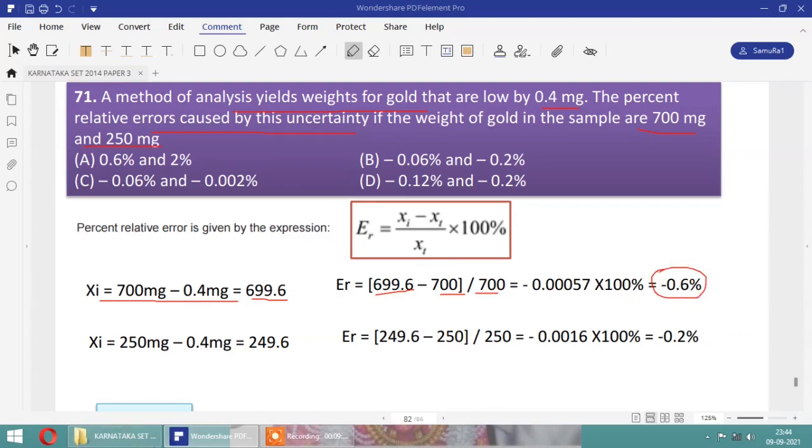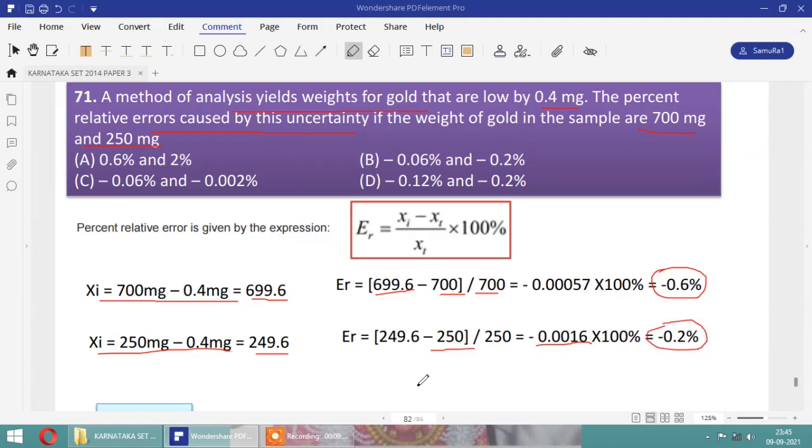For the second one, for 250 milligram, minus 0.4 milligram, you will get 249.6. You calculate the relative error, 249.6 minus 250 divided by 250, which is equal to minus 0.0016 into 100 percent. For percentage, you will get minus 0.2 percent.